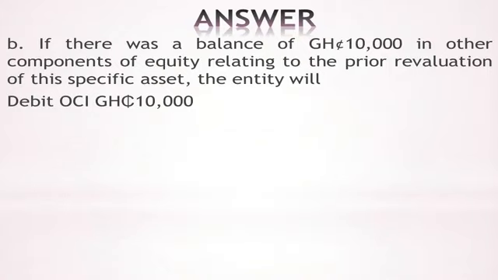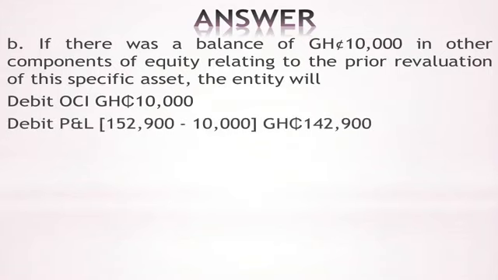Remember, ideally you are expected to debit profit or loss with the value of the impairment. But since we have a revaluation surplus in respect of the asset which was impaired, you first need to write off the amount in OCI. So we debit OCI by the 10,000, and then the remaining amount will be sent to profit or loss.